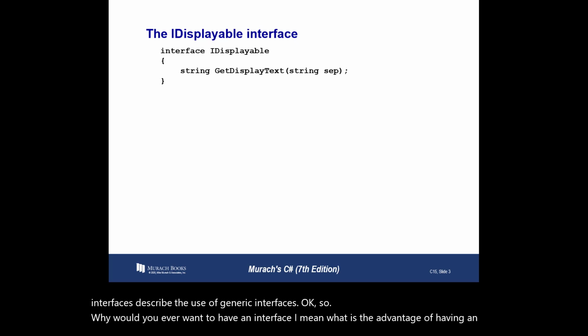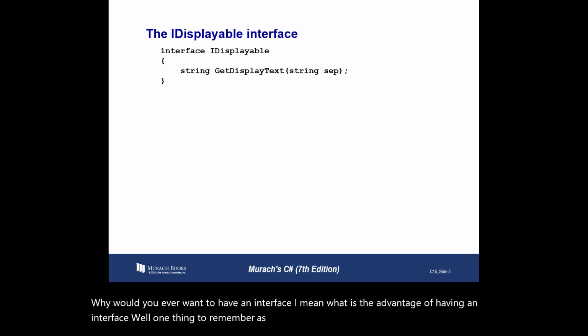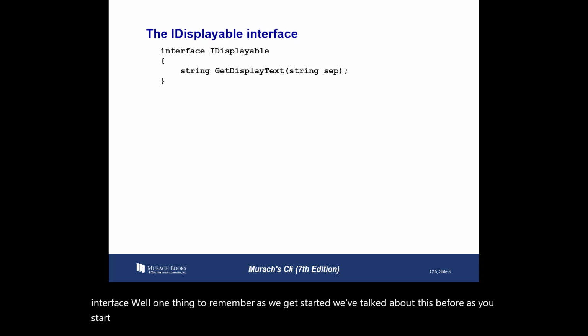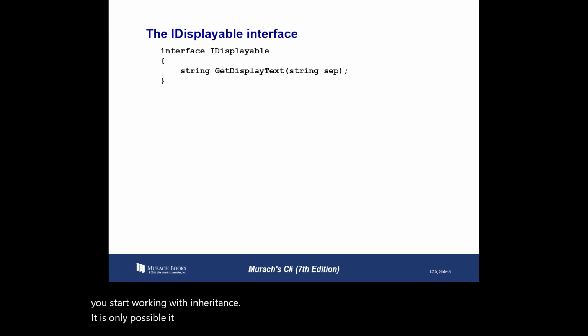Well, one thing to remember as we get started, we've talked about this before, as you start working with inheritance, it is only possible, it is only legal, so to speak, for a C# class to have only one parent. All right? So you've got a child class that inherits from a parent class, but it can only inherit from one class.